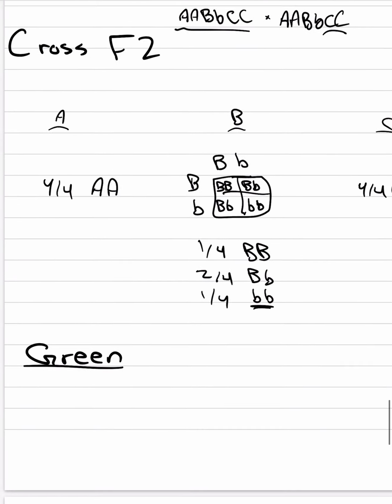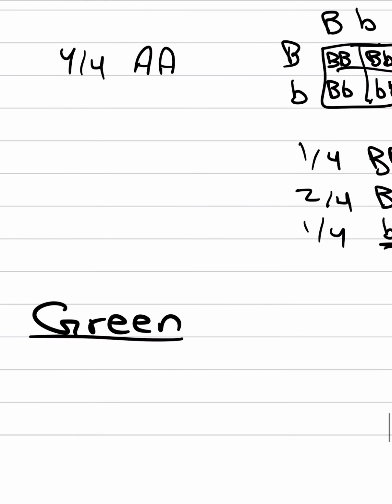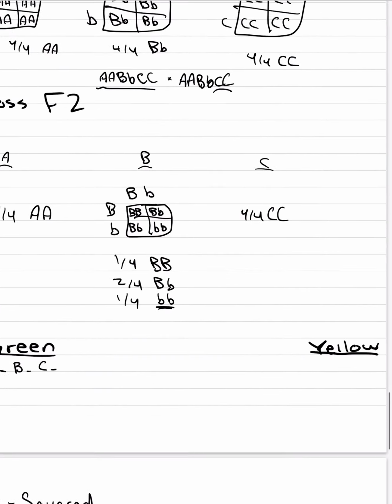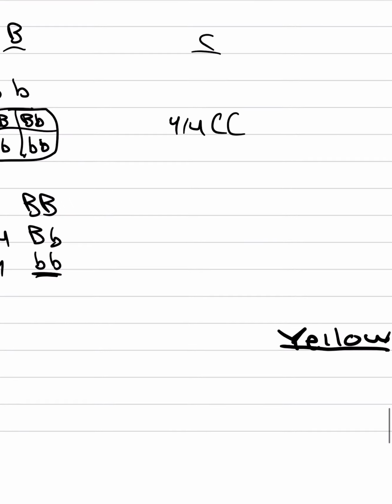So in order for an individual to be green, they have to have the genotype one big A, the other allele doesn't matter, one big B, the other allele doesn't matter, and one big C, the other allele doesn't matter. In order to have the yellow phenotype, you have to have one big A, the other allele doesn't matter, two little b's, and the c's don't matter.